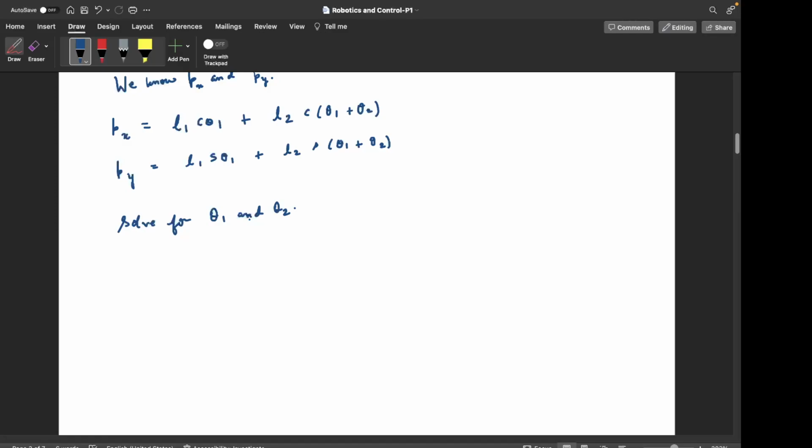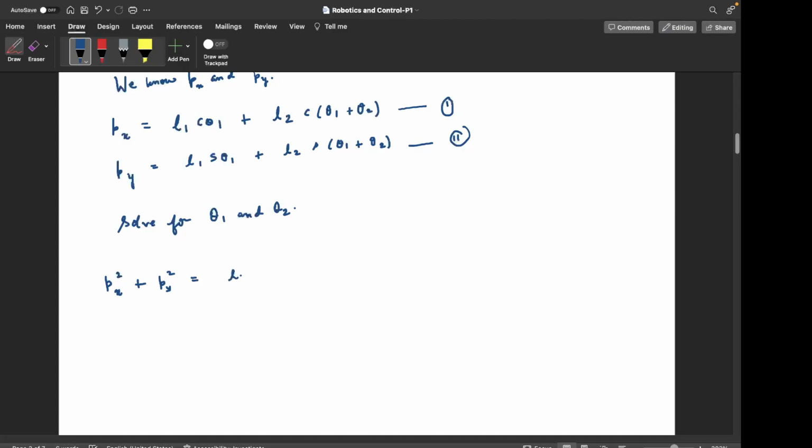Now it's just manipulation and solving these two equations to get theta 1 and theta 2, right? So yeah, let's do that. First, let me just number these two equations. So this is 1 and this is 2, right? So px square plus py square is equal to, so this whole expression, if you square it, let's just write it.